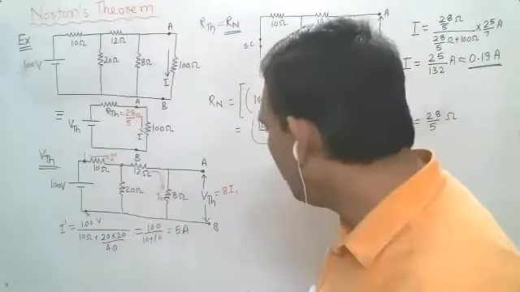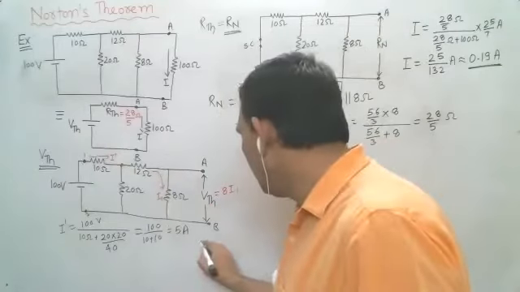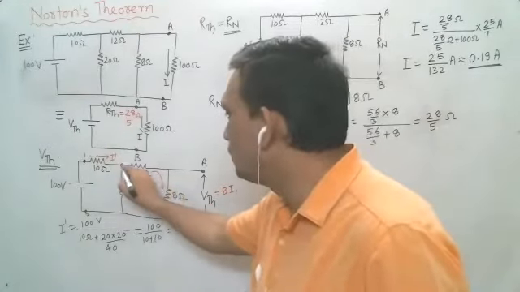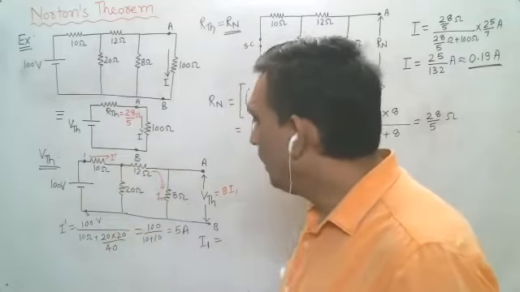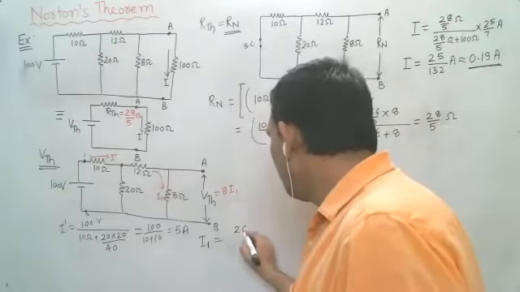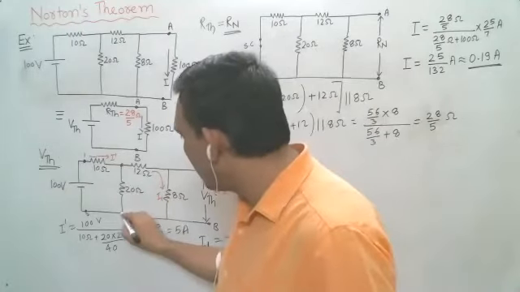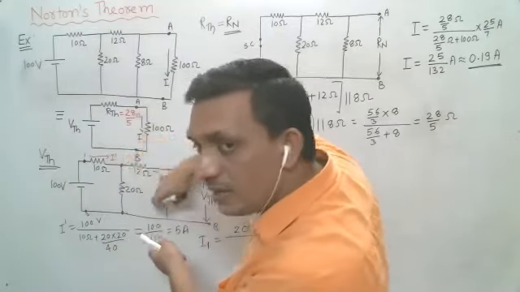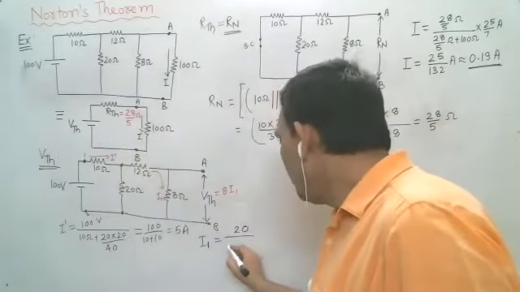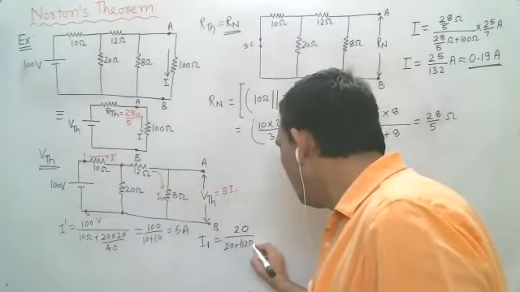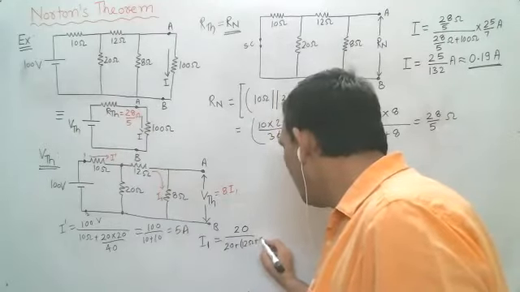And if you know I dash, you can calculate I1 using current division rule at this node. So current division is, you will get 20 by 20 plus 12 ohm plus 8 ohm, into I dash. The two parallel resistances are, this is 20 ohm and this is also 20 ohm because they are in series.